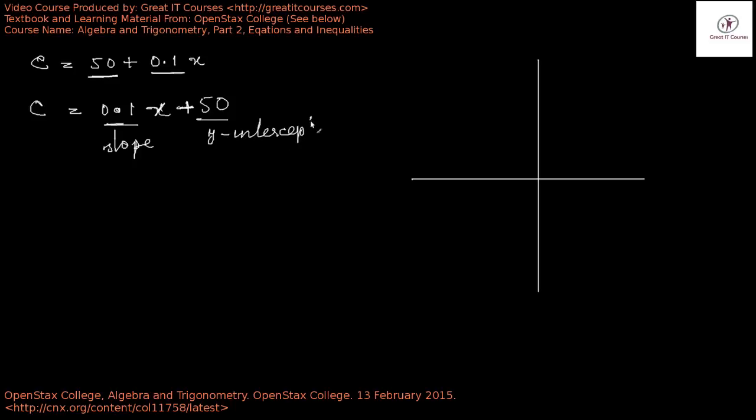And now let's see what the slope of an equation and what the y-intercept actually mean in the context of a real world problem. Now let's say in this graph, this is 50 on the y-axis, and this is now your c, or your cost axis, and this is your x-axis, which is your number of miles driven, as you remember that we defined in the problem.